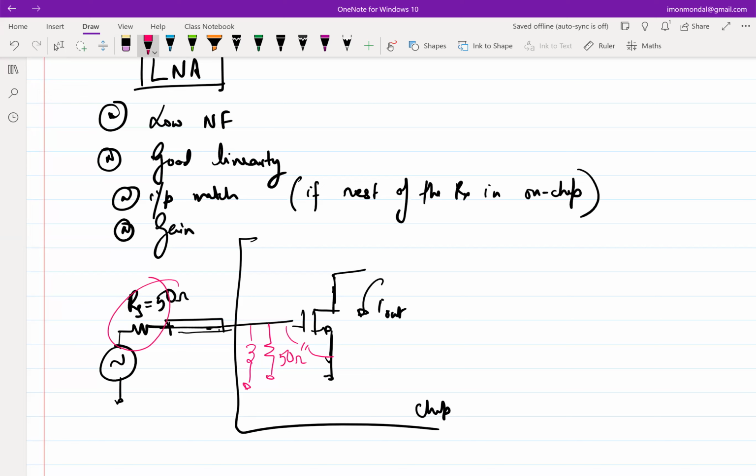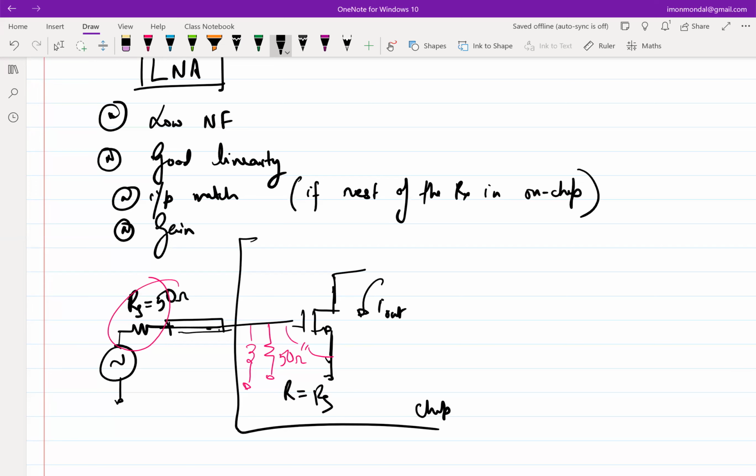Now, if you have another R here which is equal to RS, this will contribute exactly the same amount of output noise as RS, which means your noise figure doubles, correct? So even though this works, it is at a penalty of noise figure.